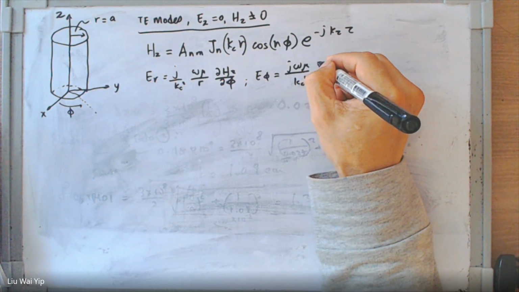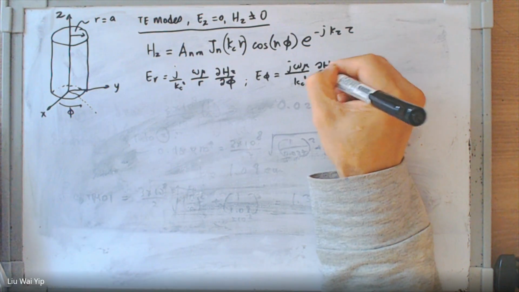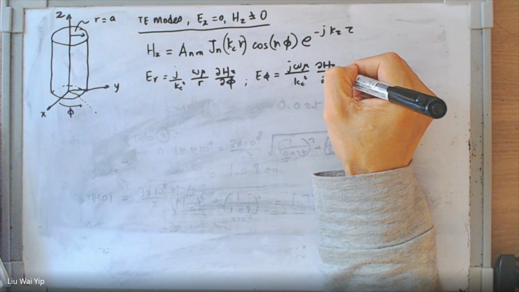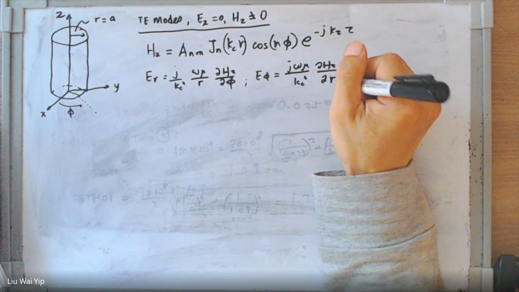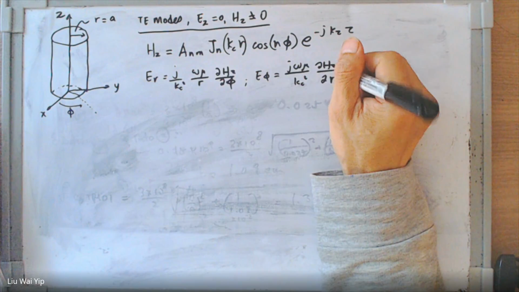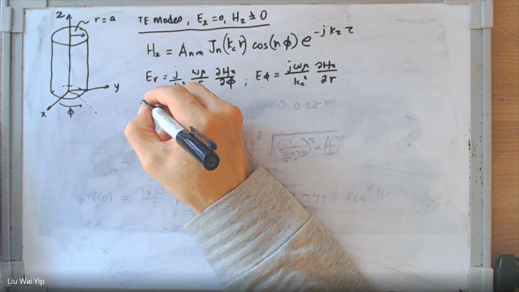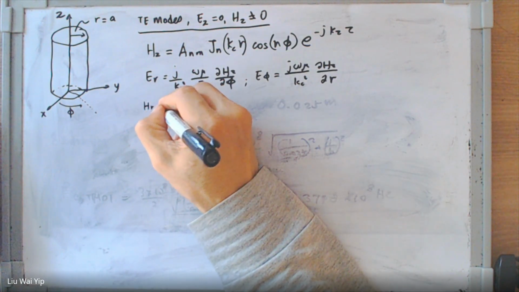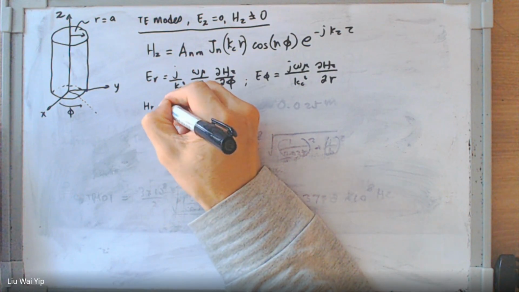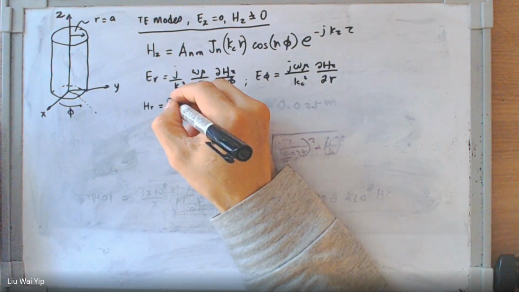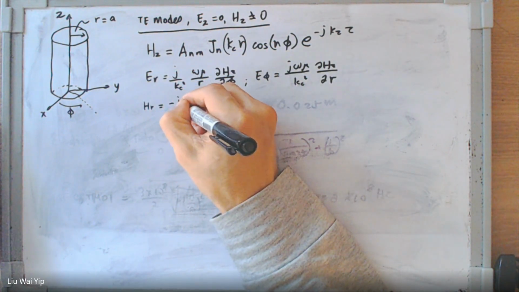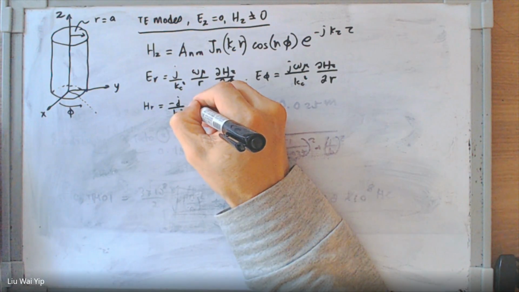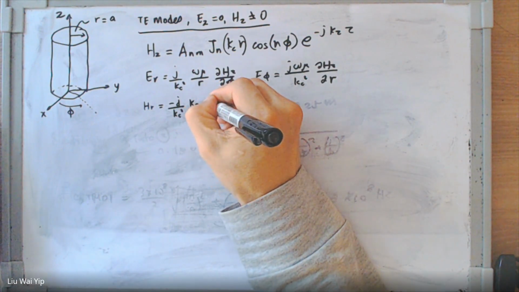And this time, it is the derivative. And you can also calculate the magnetic field in the other direction, and this will become kc squared, and then kz.